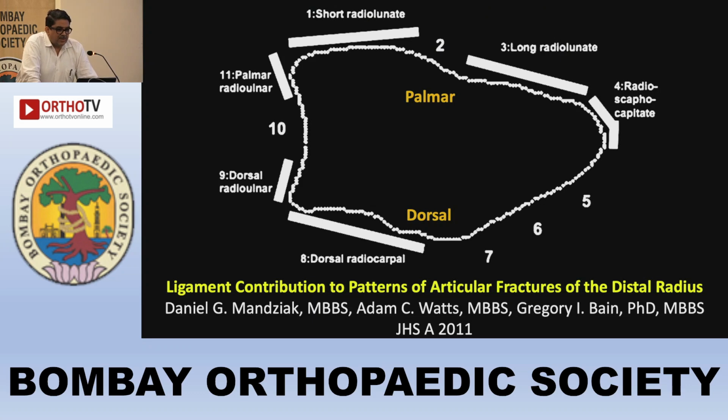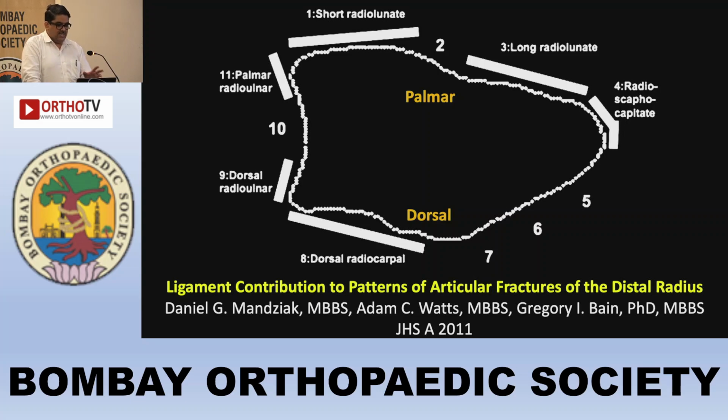Dr. Greg Ben published this paper, he said that most of the fracture lines that you will see in the distal radius are a result of fault lines. Fault lines, which are areas of potential weakness between the ligamentous attachments.